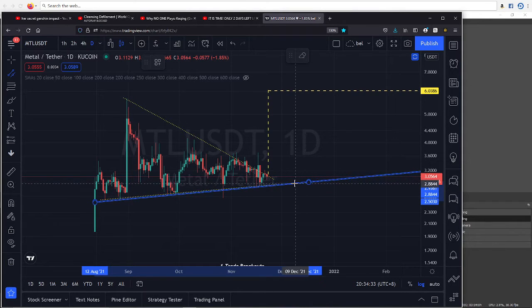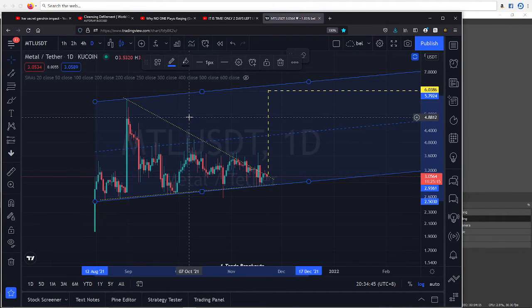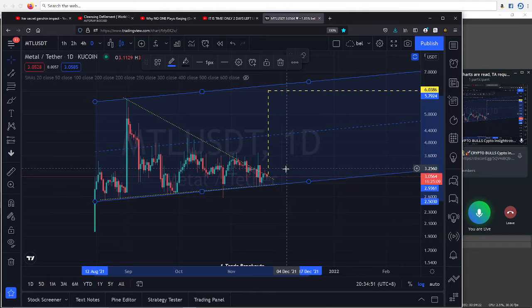What you do is the first line, you try to touch as many bottoms as you can. I actually need this candle here, but never mind, let's leave it there first. And then the top line, we go up here.